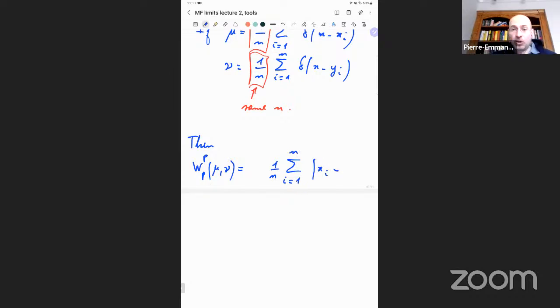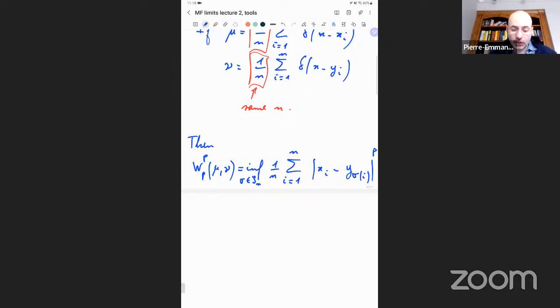Up to relabeling, right? Because here the x_i and the y_i, I can put them in any order and I get the same measure. So when I'm going to calculate the distance between mu and nu, I have to have an expression that does not depend on the order in which I took the x_i or the y_i. So I need to make sure that I allow a permutation of one of them. And then this is the infimum over all sigma, all permutations of S_n.